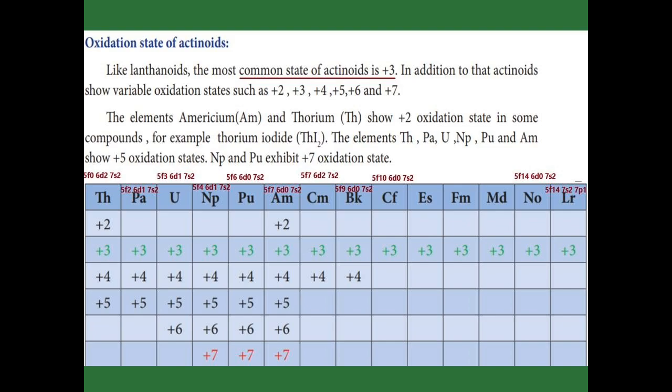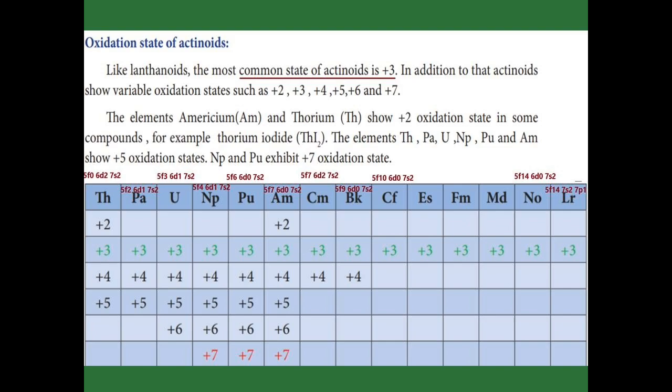Along with that we have the common oxidation number +3. In thorium, the +4 oxidation number means the outer electronic configuration 5f0, 6d2, 7s2. So when the 6d2 and 7s2 electrons are lost, we get the oxidation number +4. Along with that we get another oxidation number, +5.